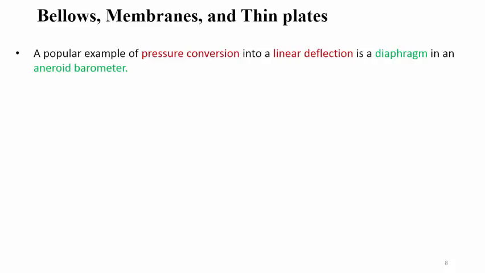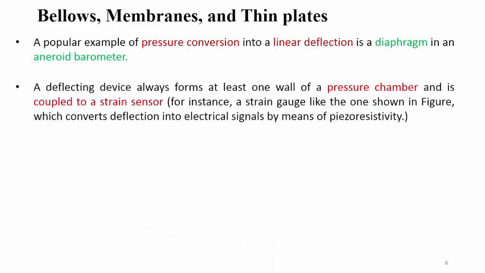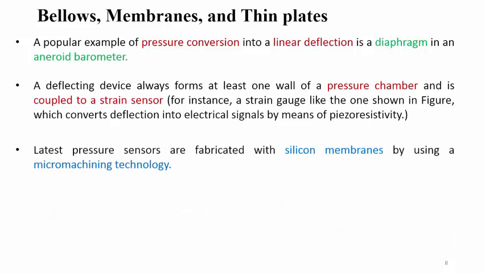A popular example of pressure conversion into linear deflection is a diaphragm in an aneroid barometer. A deflecting device always forms at least one wall of a pressure chamber and is coupled to a strain sensor or strain gauge, like the one we discussed in the previous figure, which converts deflection into an electrical signal by means of the piezoresistivity principle.